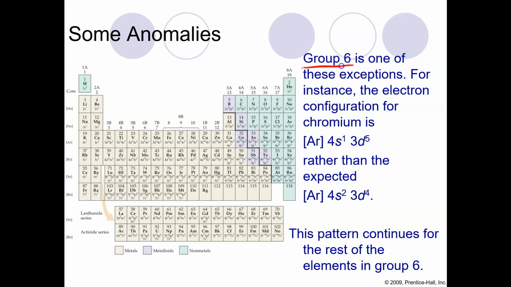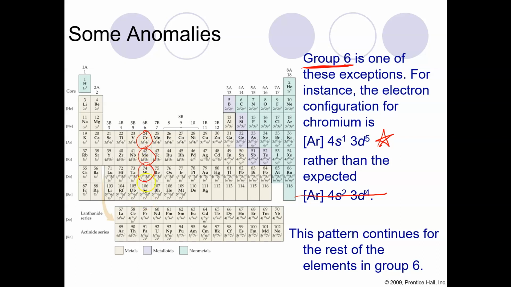Group 6 is the first one. In group 6, what we see is the s electron move over to the d's. So there's still the same number of electrons, but this doesn't happen. This happens instead. And that's true for chromium, molybdenum, tungsten, and seaborgium.